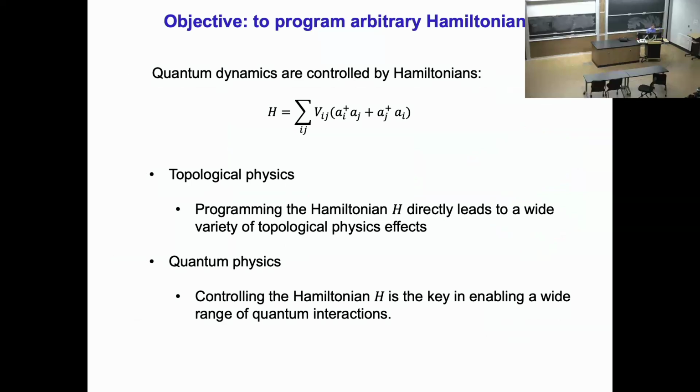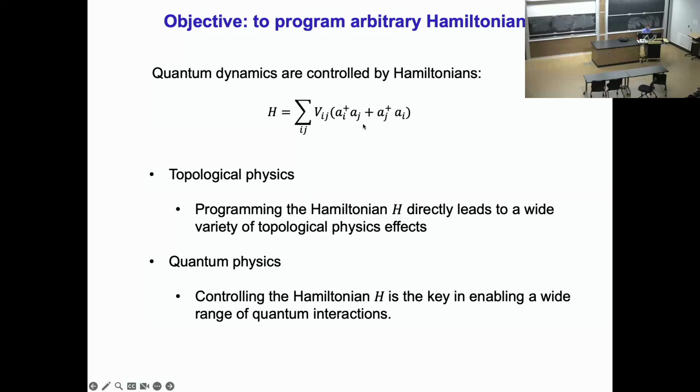Certainly we have been very interested in topological physics. And if you open any topological physics paper, it typically starts by, I postulate a Hamiltonian of a particular form, and then goes on to tell you all the fancy things that Hamiltonian can do. So if you want to translate that into experimental exploration, then you would like a way to program this Hamiltonian.